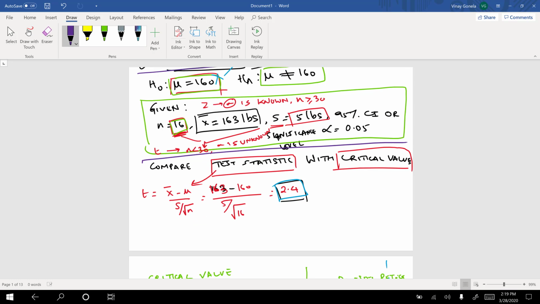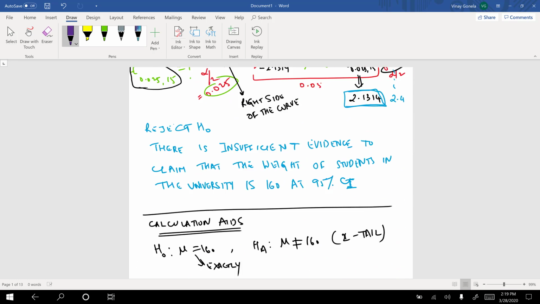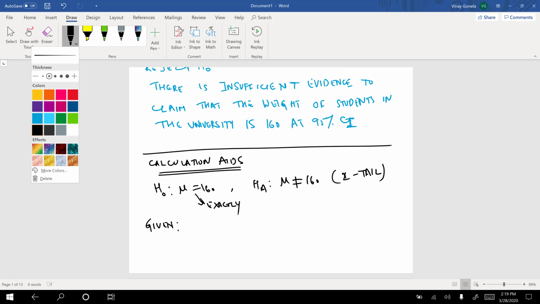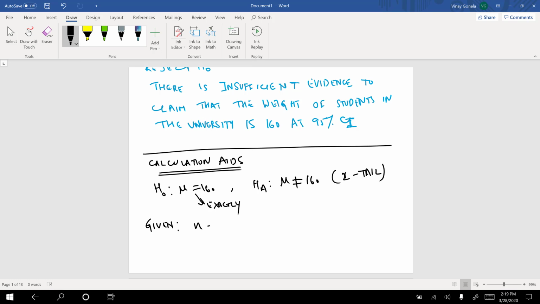So n is 16 and x bar is 163. The sample standard deviation is 5 and alpha is 0.05.